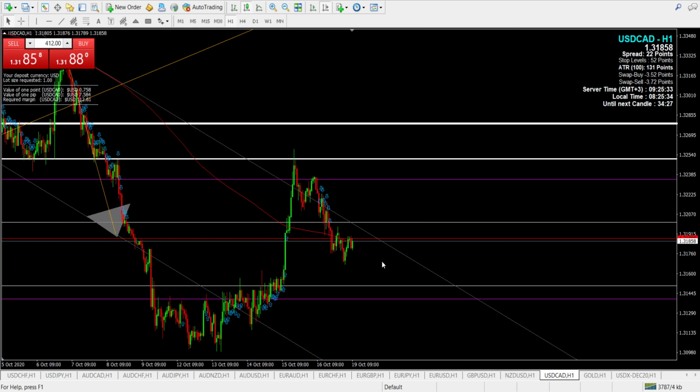Dollar CAD, this is definitely going to go down. I could be wrong, but I do think this is going to come down. So we're at this candle. Expect it to move somewhere there. Let me just put a line in.